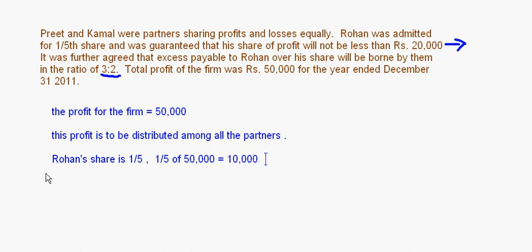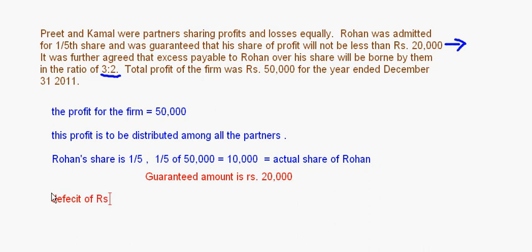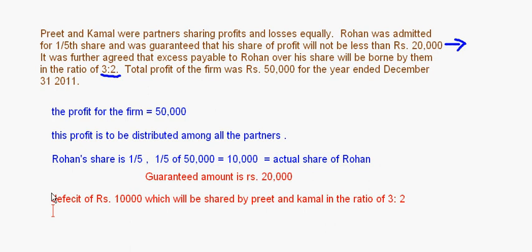So this is the actual share of Rohan, whereas the guaranteed amount is how much? The guaranteed amount is 20,000. So there is a deficit of rupees 10,000, which will be shared by Preet and Kamal in the ratio of 3:2.